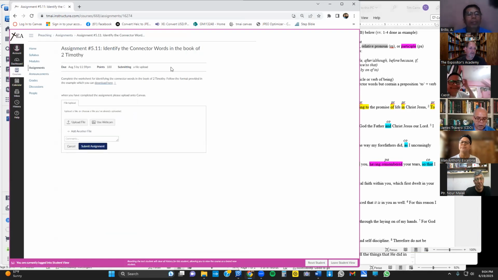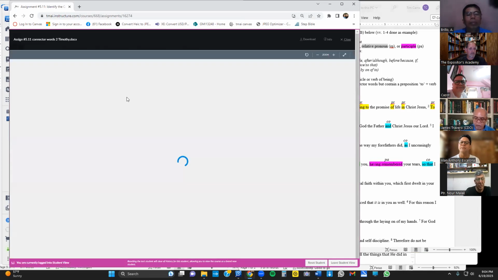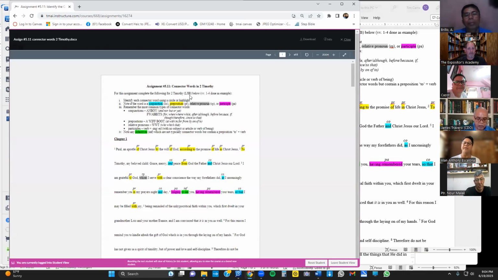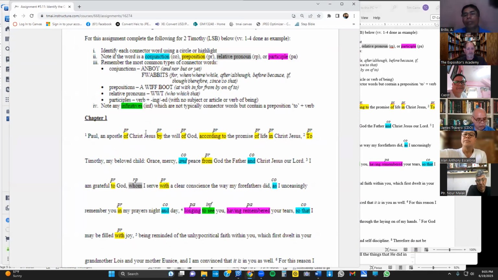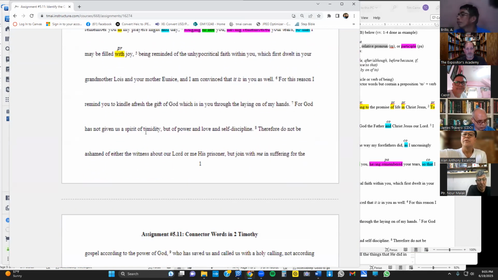Start assignment, or if you want to download it, sorry. If you download the document, this is the LSB version here. All right, so it's already there for you. Then you can just use this document and look for the connector words. Yes, you have the template already.